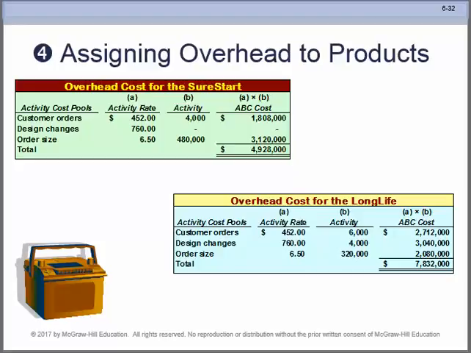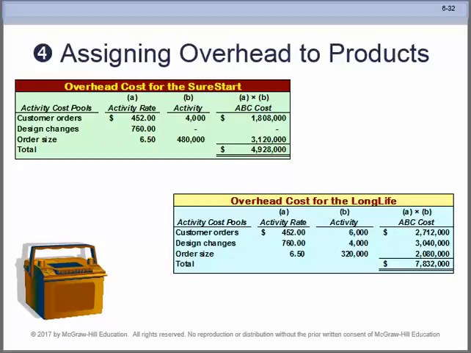So assigning the overhead to the products. Going back a couple slides, remember we said the activity rate for customer orders was $452. Design changes were $760. Order size was $6.50.